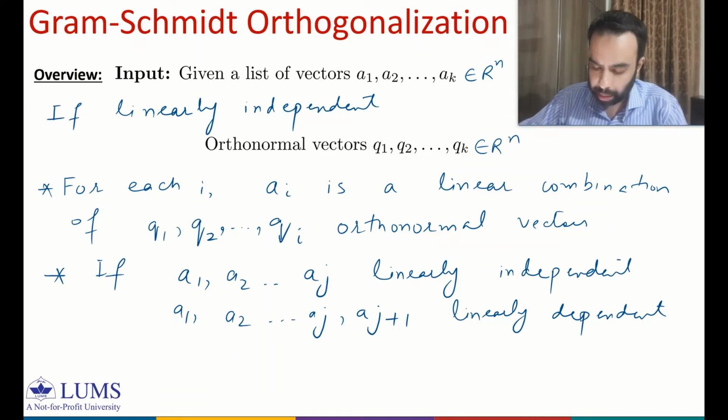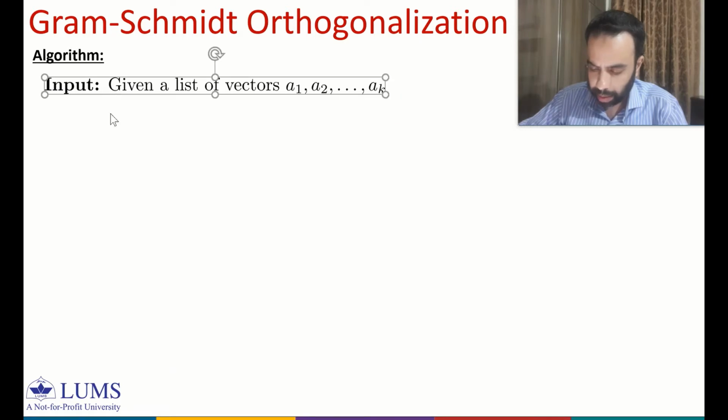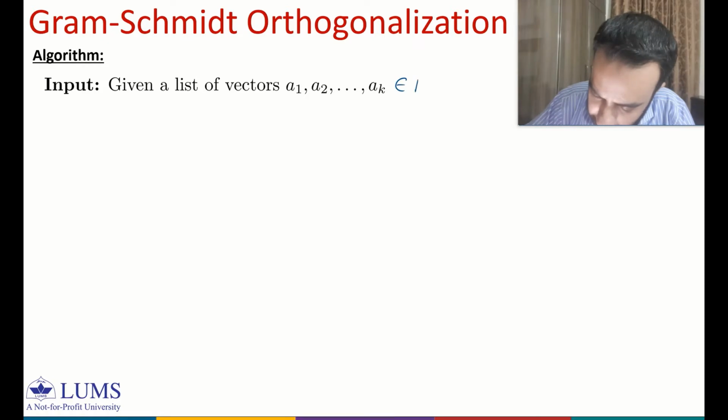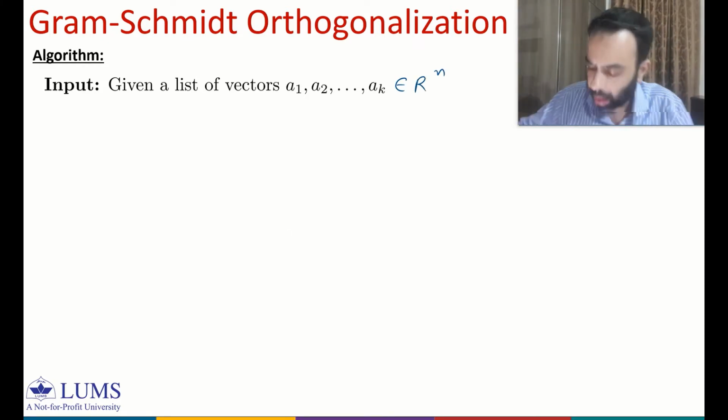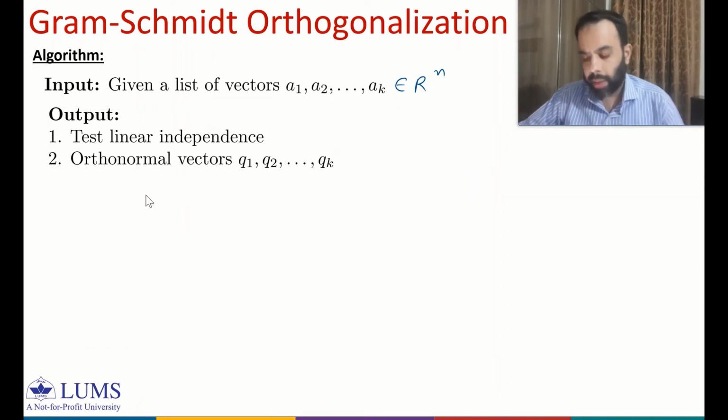As we said earlier, this algorithm takes as input a list of vectors a1 to ak, belonging to Rn, and there are two outputs. The first is that the algorithm detects linear independence.